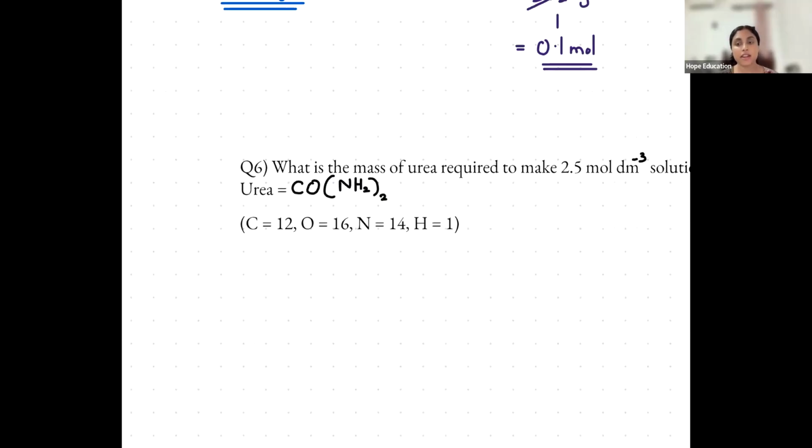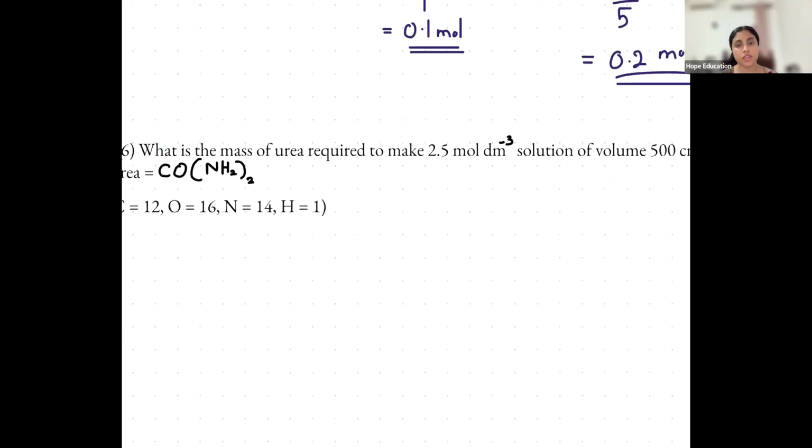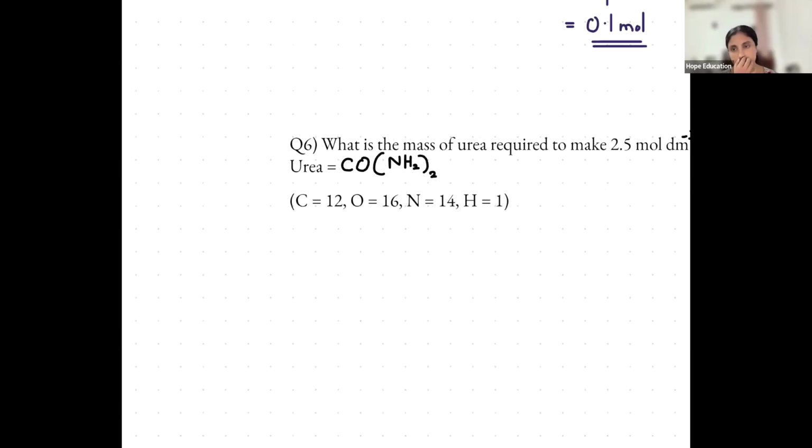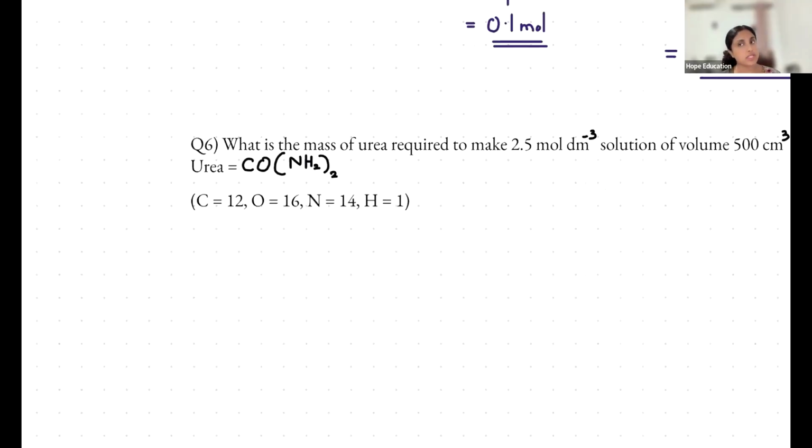But I didn't work out this sum either, but we'll discuss. Probably. What is 2.5? Volume is 500, no. So 5. I think so. We'll see. Yeah.